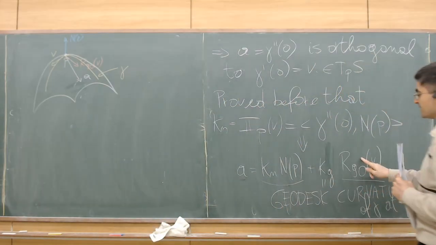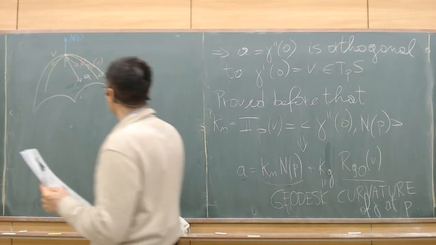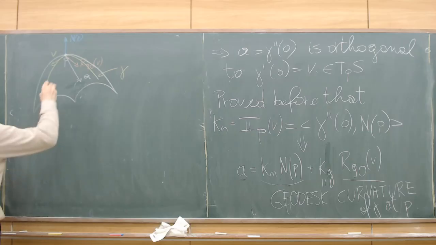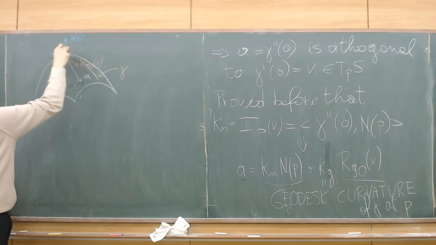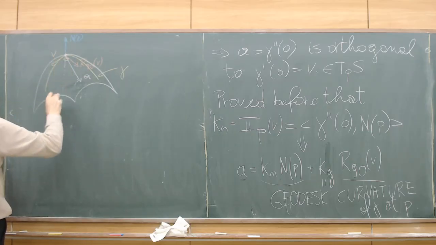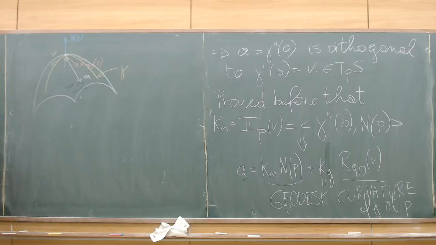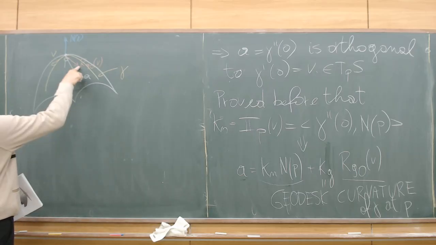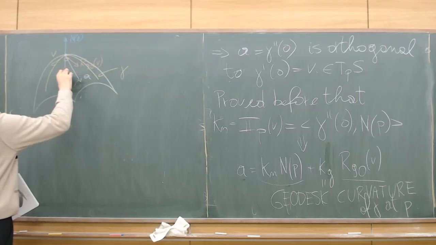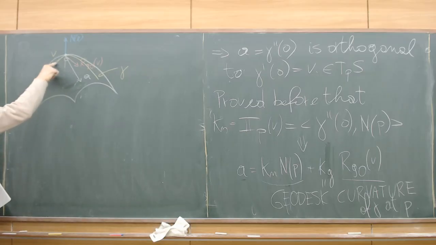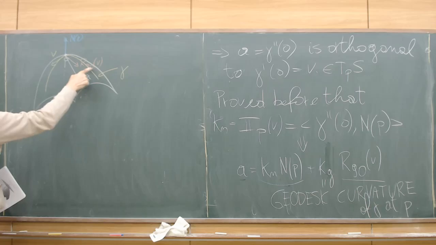What this formula says is that A has one component which is parallel to N of P, and one component which is parallel to this red vector. Here I am assuming that V and N of P belong to the blackboard, and the R90 of V is orthogonal to the blackboard.